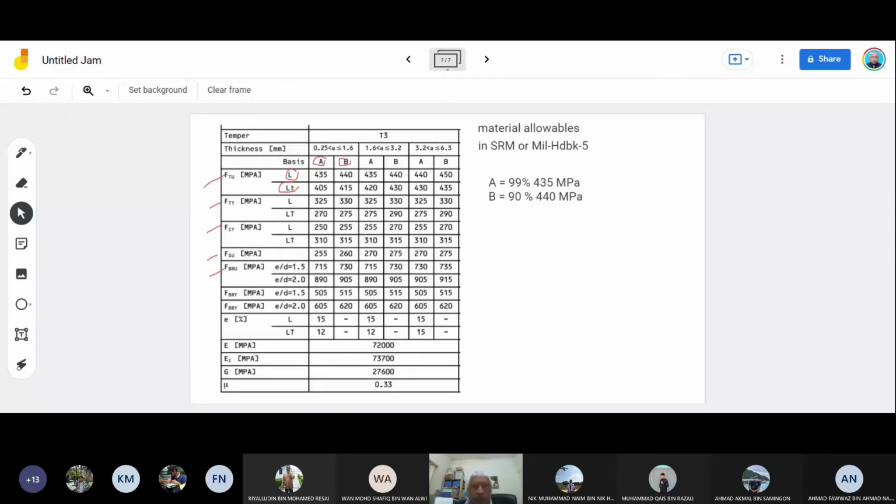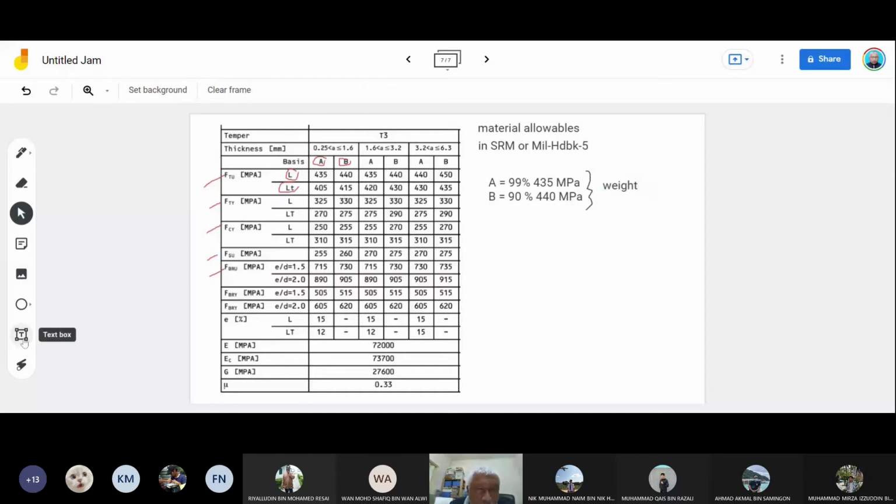Okay, why are we concerned about this? This has impact on the weight. Because we are concerned about the weight. So if you use a higher value of A, a higher value of FTU, then your thickness will be less compared to a lower value of FTU.